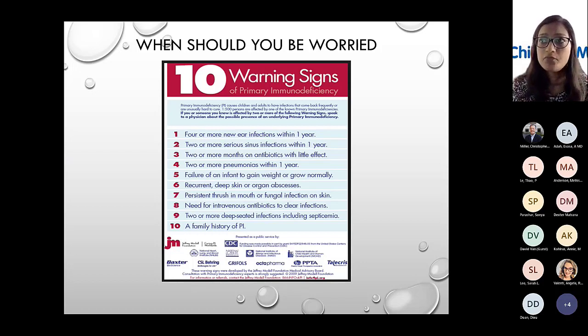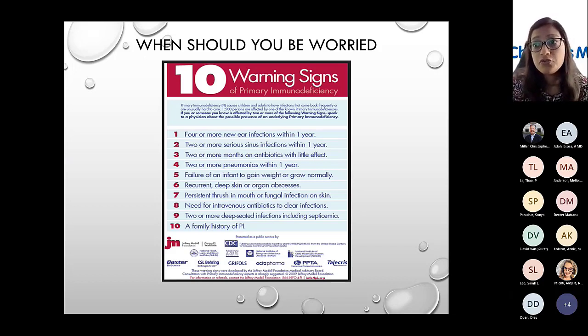So this is a warning sign chart that was established by the Jeffrey Modell Foundation of Immunodeficiencies. And so this is mainly for just a rough guideline and more important for primary care, where they have an estimate which patients should be referred to immunology clinic. So overall, these warning signs, not particularly paying attention to how many infections of each type, but in general, if infections are more frequent than you would expect for that age and that kind of a patient, think of immunodeficiency.